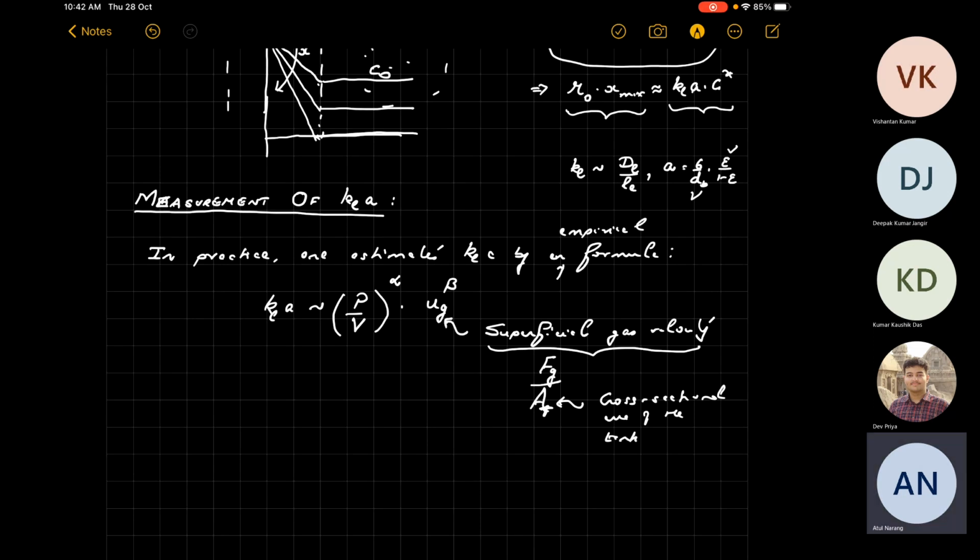So actually, the real velocity of the bubbles is a little bit higher, because the bubbles do not occupy the entire cross-sectional area of the tank. They occupy only a certain fraction of the cross-sectional area, obviously, because the gas holdup is less than 1, right?